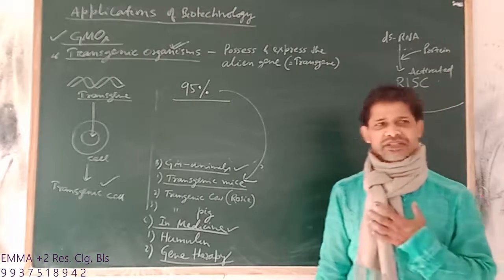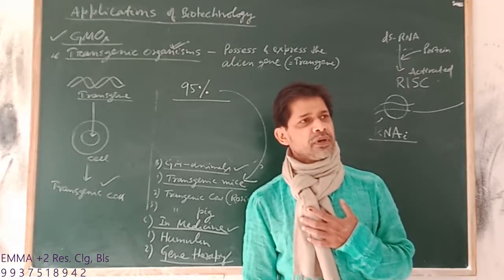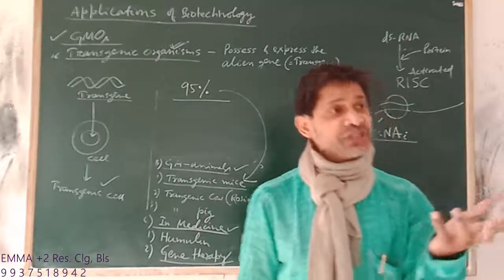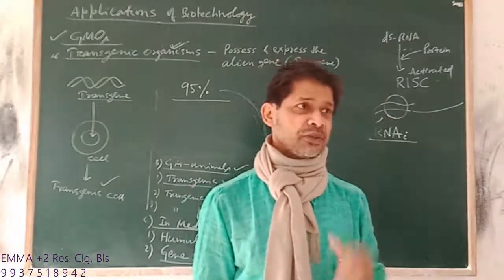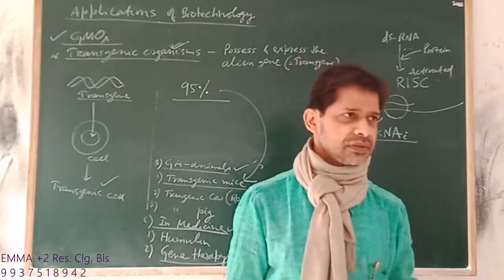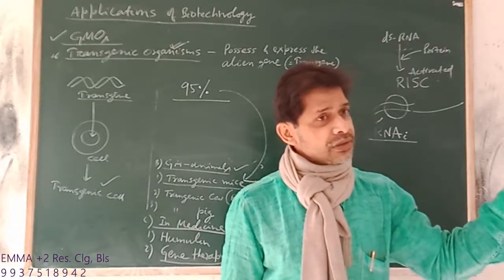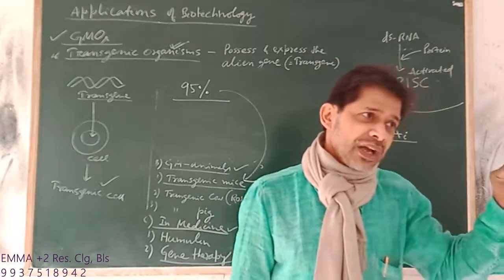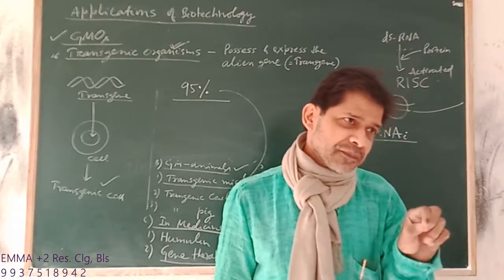Suppose I am a scientist, I am interested to know the functioning of a gene, the physiological functioning of a gene, how the gene works. I cannot use a human as an animal, so I will obtain the human gene.